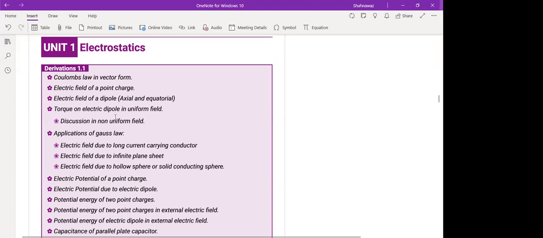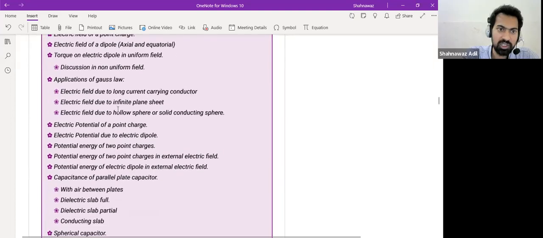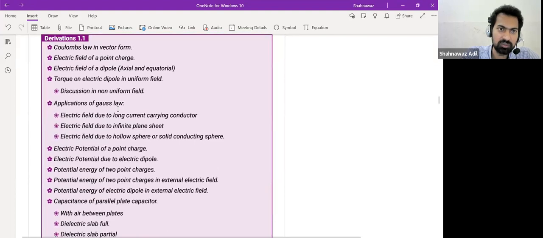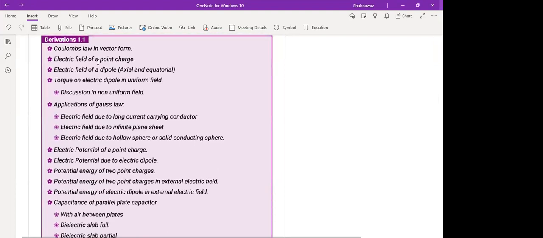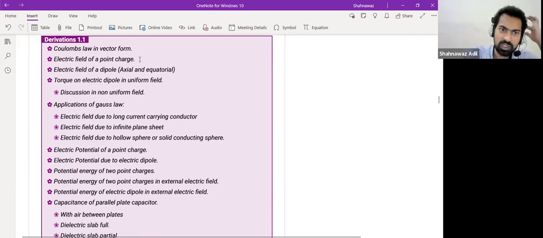I will share the PDF with you. These are the derivations: Coulomb's law in vector form, electric field of a point charge, electric field of a dipole at axial and equatorial points, and torque on a dipole in a uniform electric field.